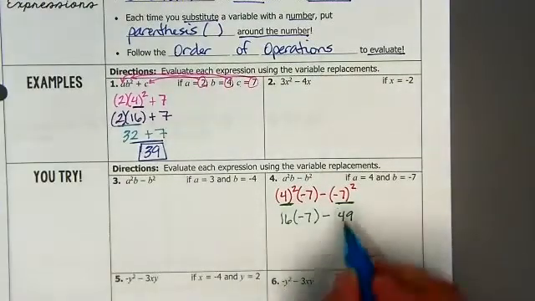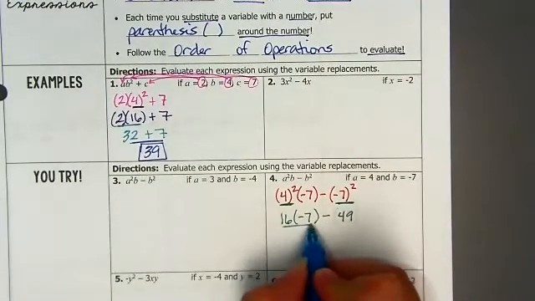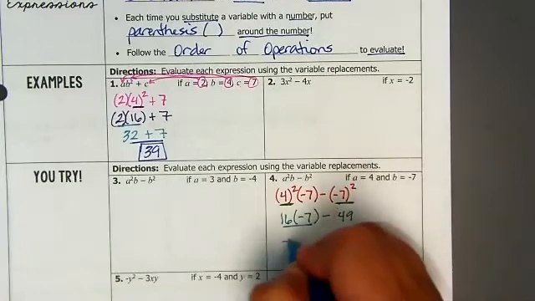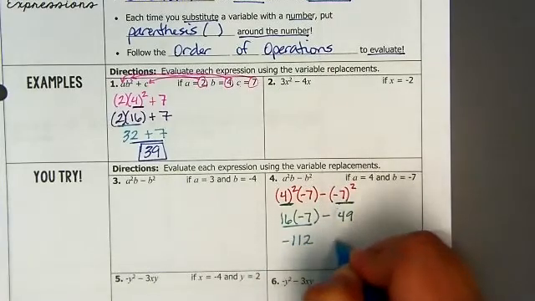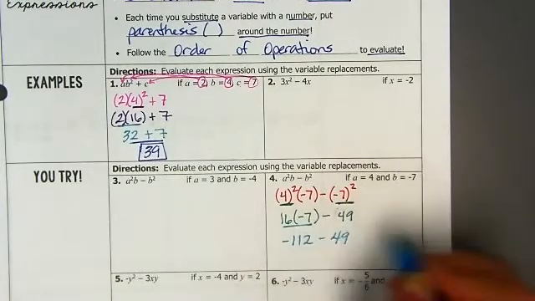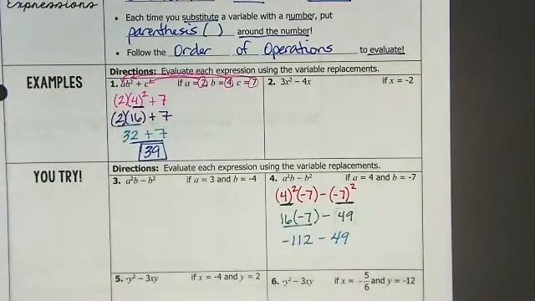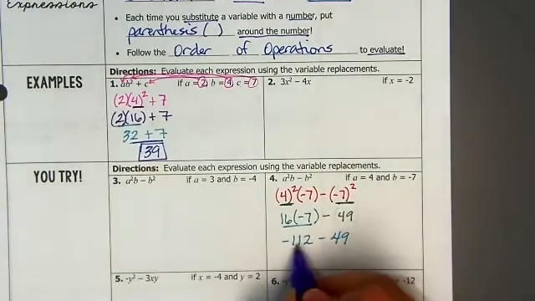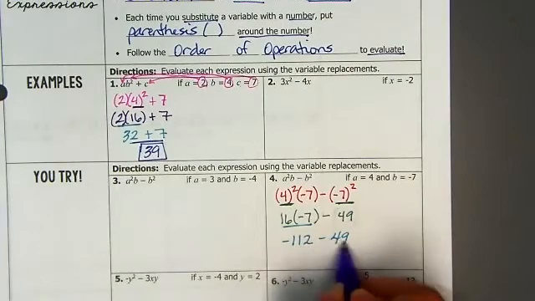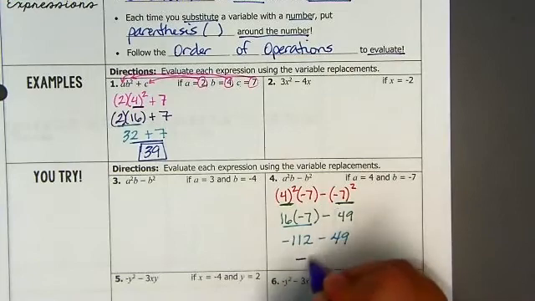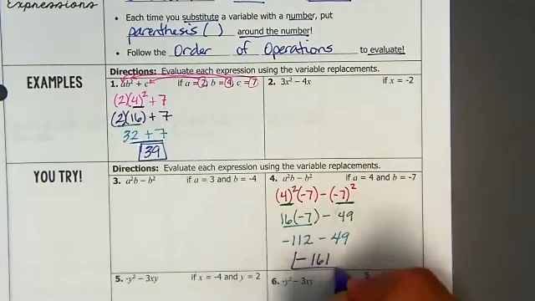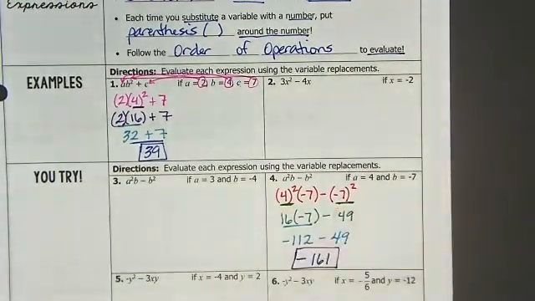And here we go. Now I'm going to do the 16 times negative 7, and that gives me a negative 112 minus 49. And we can realize now these are both negative, so therefore I'm doing teamwork, so I'm actually adding them together. My answer is going to be negative, and I get a negative 161 as my answer.